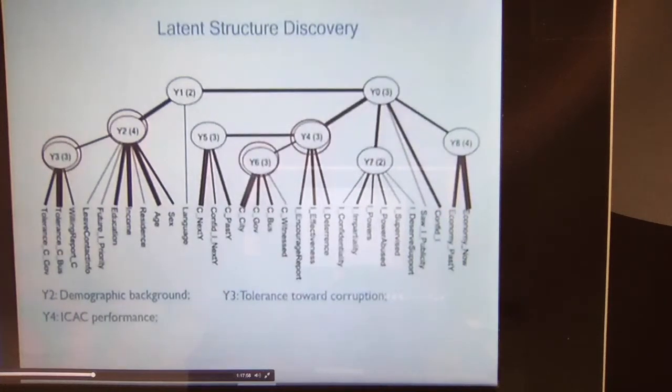And this node is about the corruption level in the city, corruption level in the government, corruption level in the business, and whether the respondent has actually witnessed corruption. So this is a level of corruption. The link between them also makes sense, because if a person thinks that there's so much corruption, then they would think that the ICAC has not done a good job, right? So that structure can make sense.